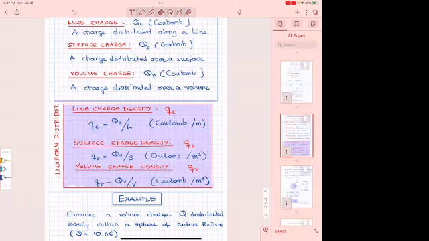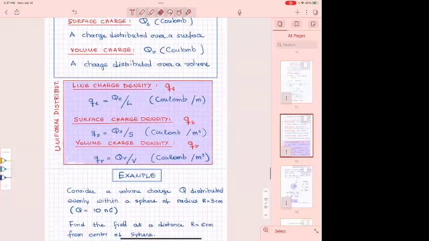So this is all very, very practical, I would say. So also pay attention. Line charge density is in coulombs per meter. Surface charge density is in coulomb per meter squared, and volume is in coulomb per meter cube, all right?